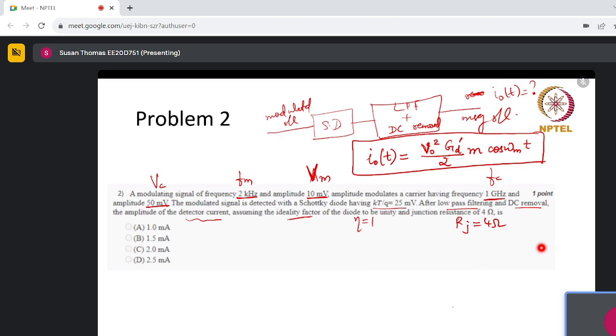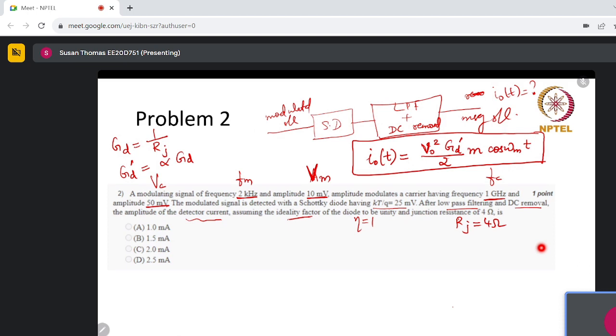GD or GD dash. Let me first tell you what is GD. GD is basically 1 by RJ, I mean, the inverse of the resistance is the conductance, so basically the dynamic conductance. In this equation you have something called GD dash. GD dash is alpha times GD.